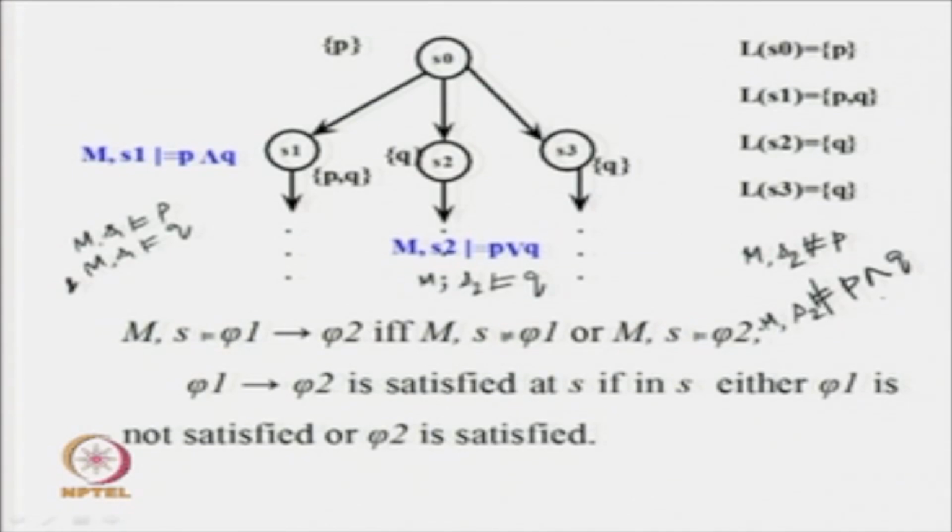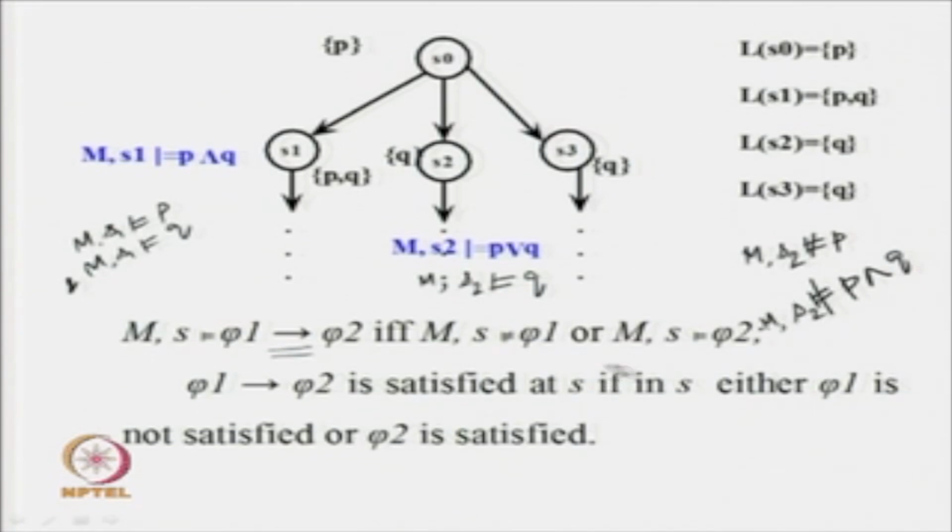So similarly, now we come to this particular connective, implication, phi 1 implies phi 2. Whether in a particular state, model M in state S models phi 1 implies phi 2 or not. In this particular case, we will say that state S models phi 1 implies phi 2 if M, S does not model phi 1 or M, S models phi 2.